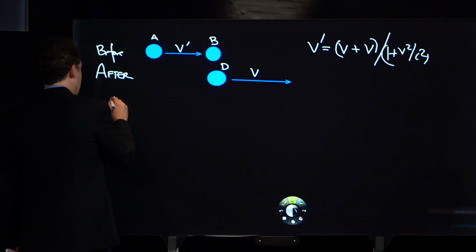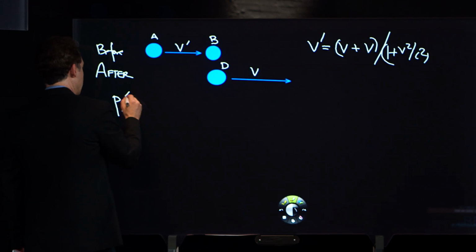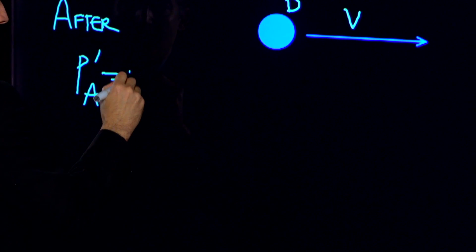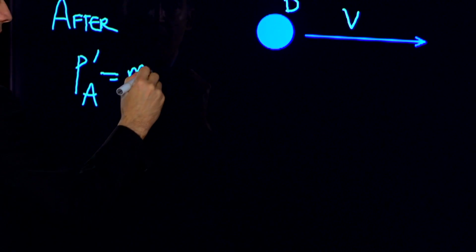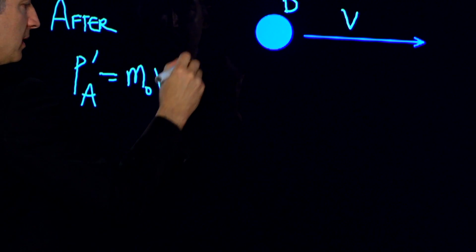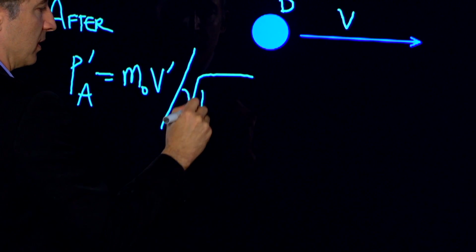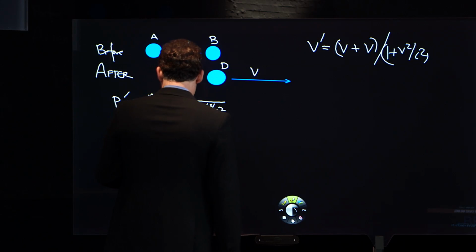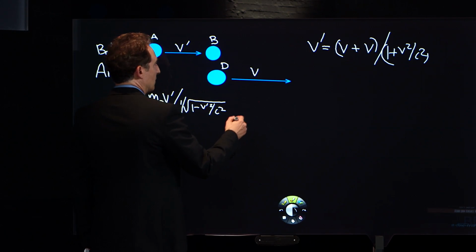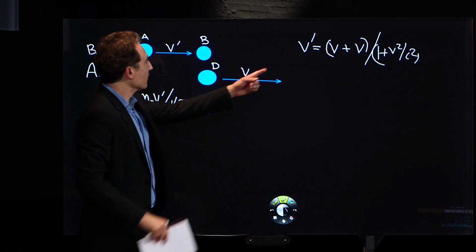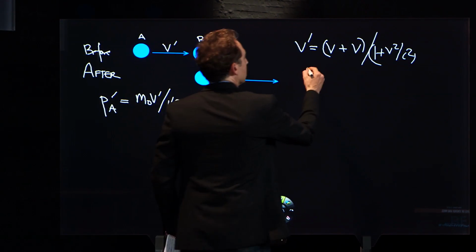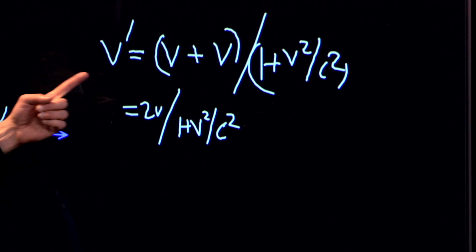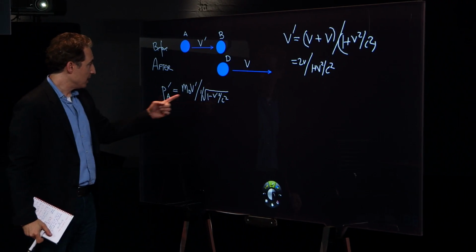So let's write down that the momentum of particle A in this new frame of reference is equal to the mass of particle A times its velocity times gamma. So we have to divide through by the square root of 1 minus v prime squared over c squared. And therefore, we can substitute in this expression for v prime in terms of v. So we've got 2v over 1 plus v squared over c squared. We can plug that expression for v prime into here.